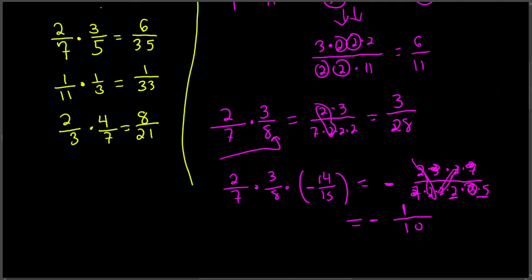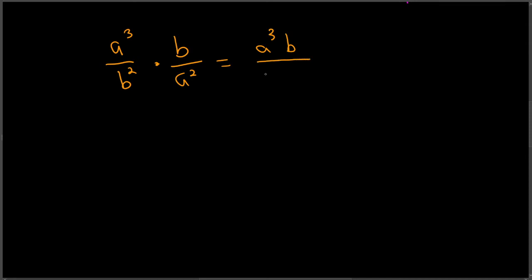Well, this can come out neatly with power rules. And so if I have A multiplied 3 times over B multiplied 2 times, because that's what powers do, B times B, A times A times A, I want to multiply it by B over A times A. My upstairs will be A cubed times B over B squared times A squared.